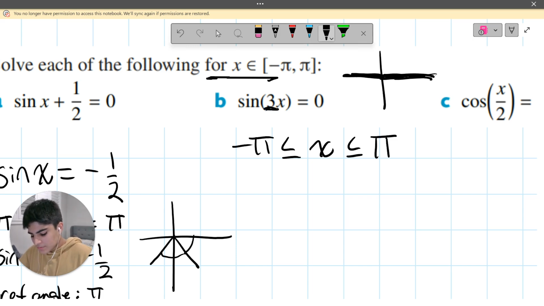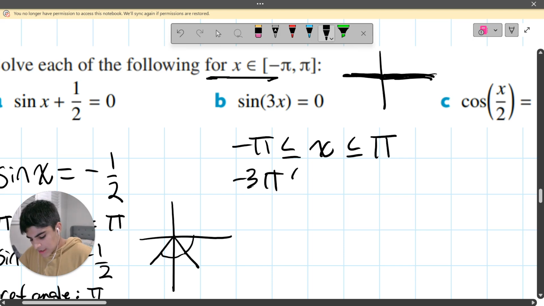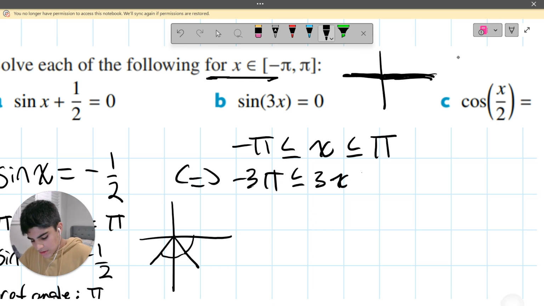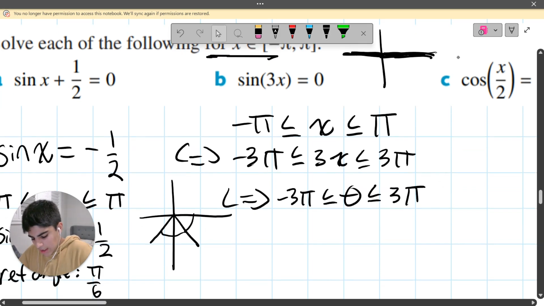Now we have a dilation of 3, so we're going to apply this to all of these elements. To get 3x, negative 3 pi is less than or equal to 3x, which is less than or equal to 3 pi. This implies negative 3 pi is less than or equal to theta, which is less than or equal to 3 pi.